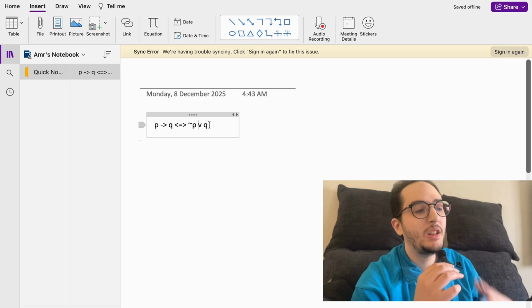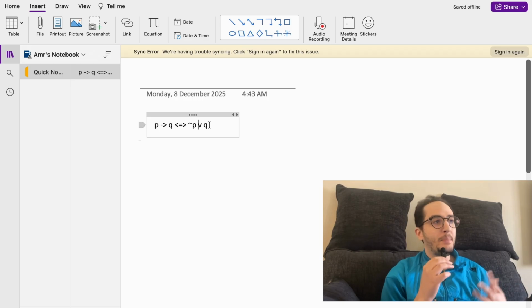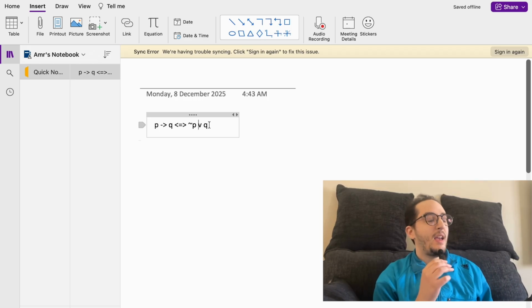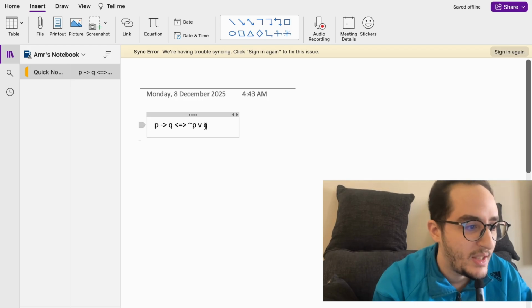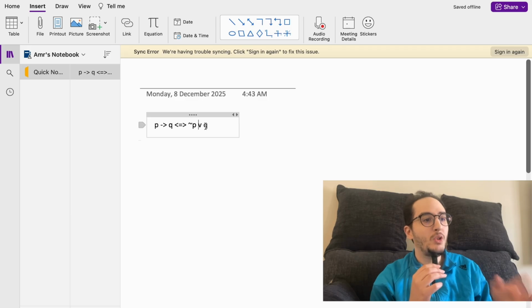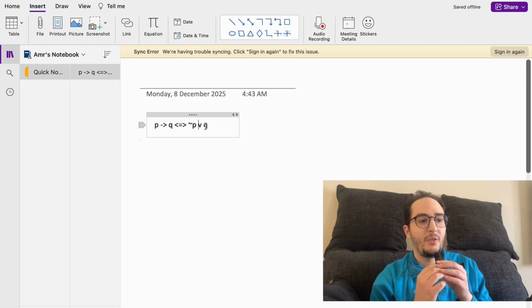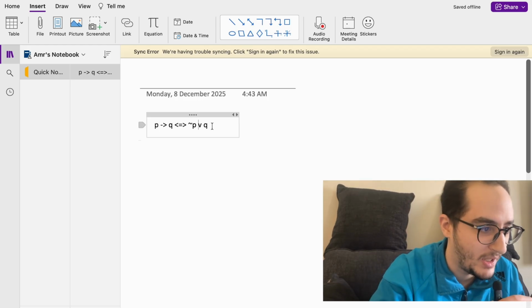So they are equivalent logically. That means in any and every statement, if you have either one of those two statements, you can substitute the other for it and you will still have the same meaning. So this is what it means logically.